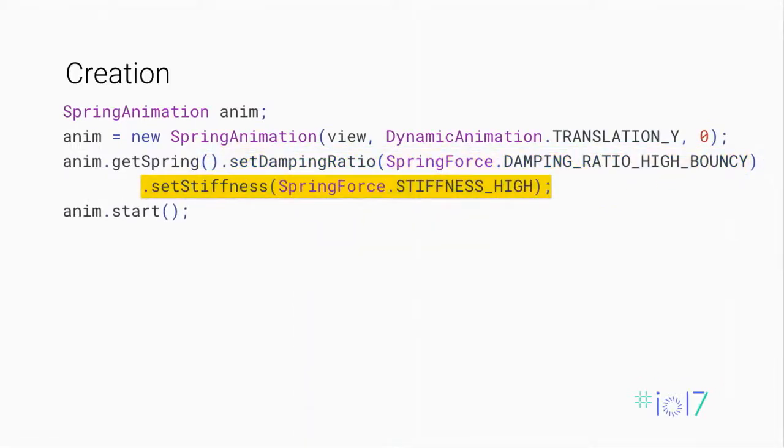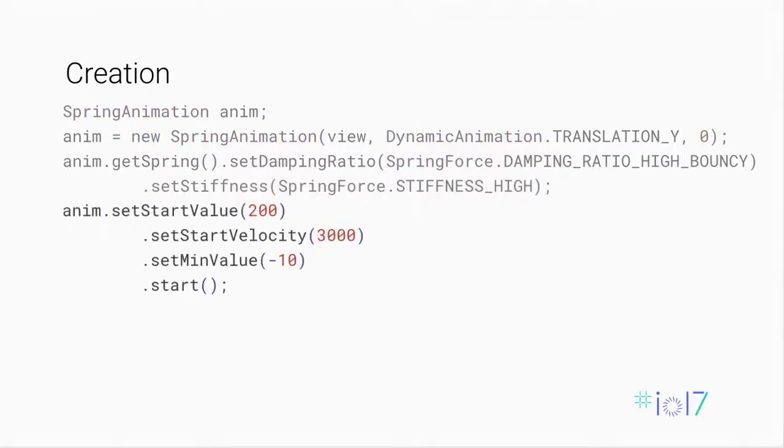In addition to damping ratio, you can also change the stiffness for the spring, which will control how quickly the object would return to its resting position. And we'll take a look at that in a moment. Now, before we start the animation, we can also set some starting conditions for the animation.